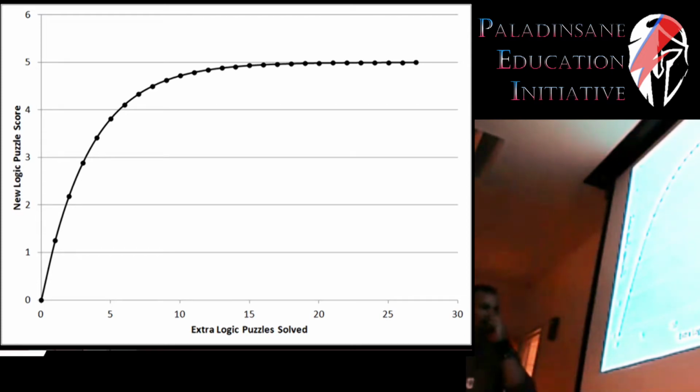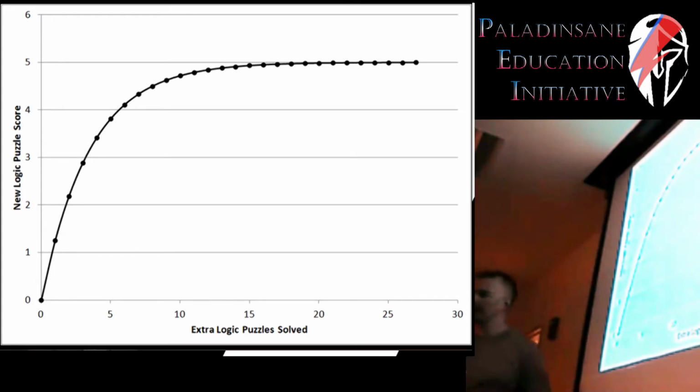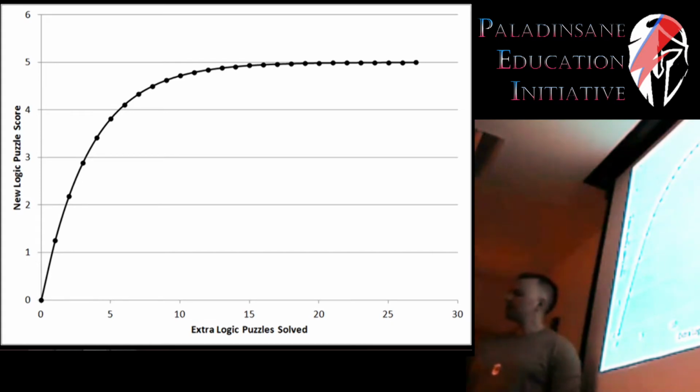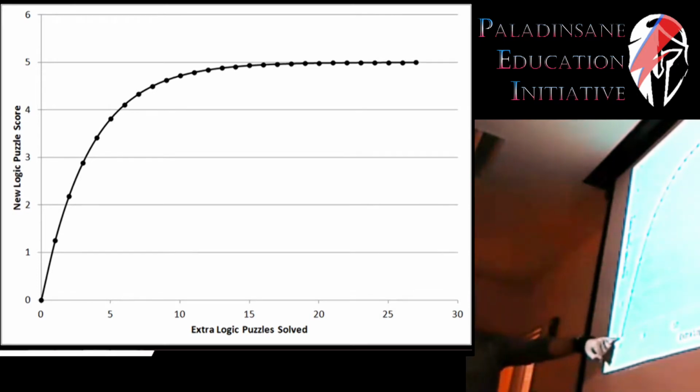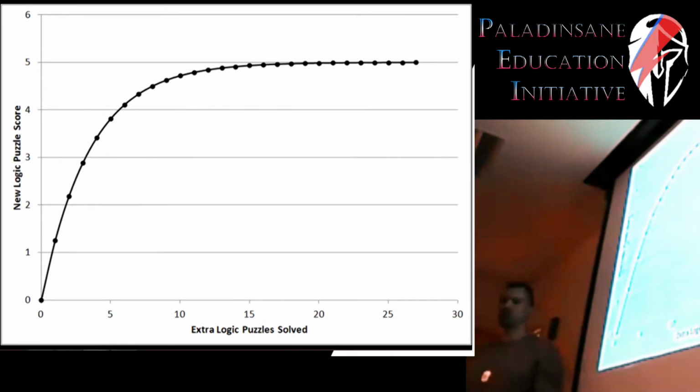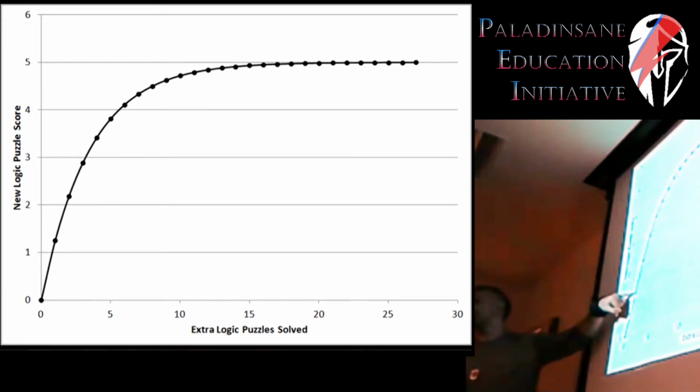For each new puzzle that you complete, you will be awarded 25% of the points that you're still missing. So if you're missing all 5 points, you got 0 out of 5, that first puzzle that you solve and submit will take you up to 1.25 out of 5.